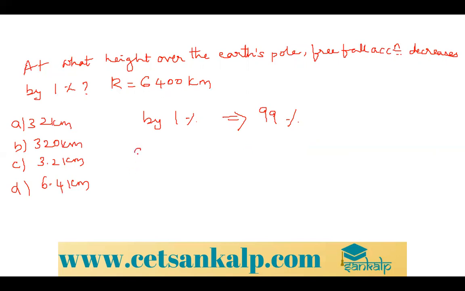Now can I say g dash is equal to 0.99 g, right? So now what can I write: we have the formula g dash is equal to g into (1 minus 2h divided by R).